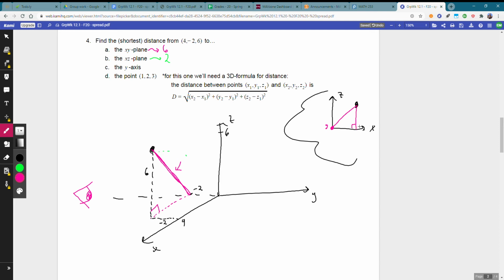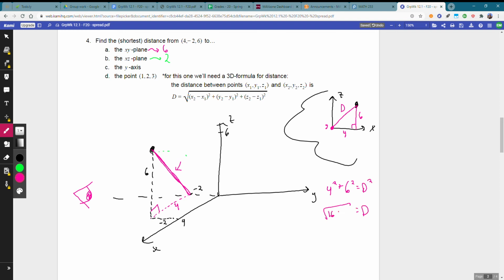And so we can just use good old Pythagoras to help us out. Right, the distance down here at the bottom, that's going to be the 4 that we came out. We have the 6 up top. So if we have 4 on the bottom and 6 up top, this distance here from Pythagoras, we call that d. What are we going to have? We're going to have 4 squared plus 6 squared equals d squared. So d is what?